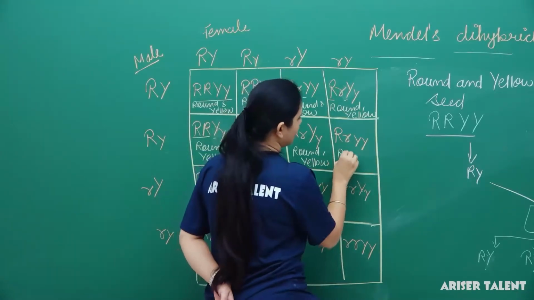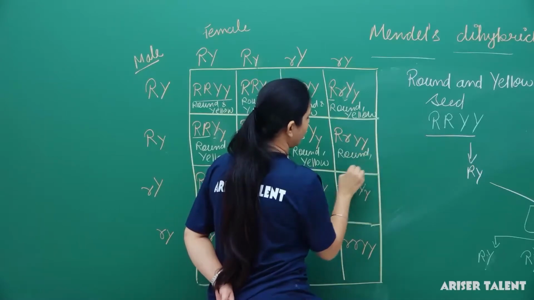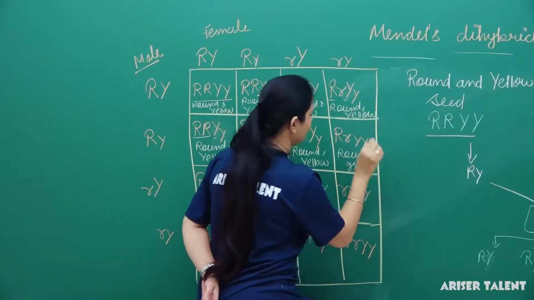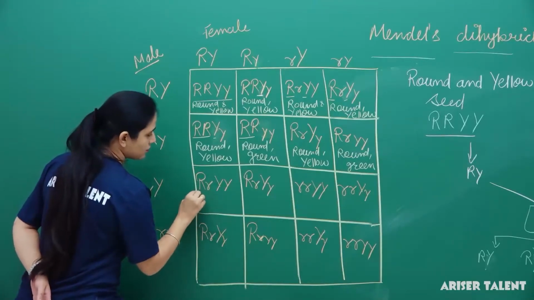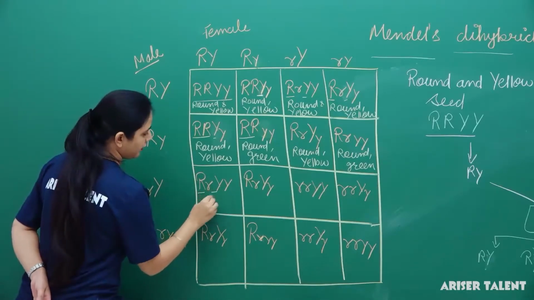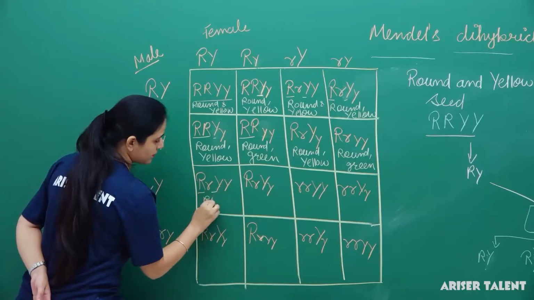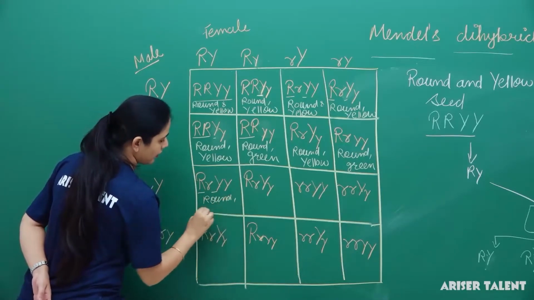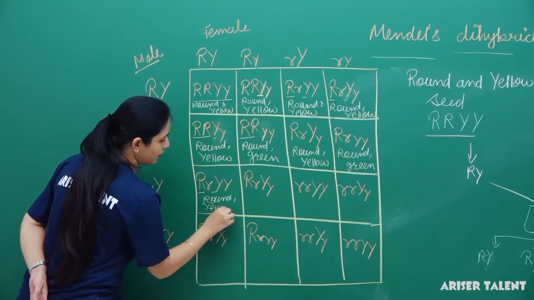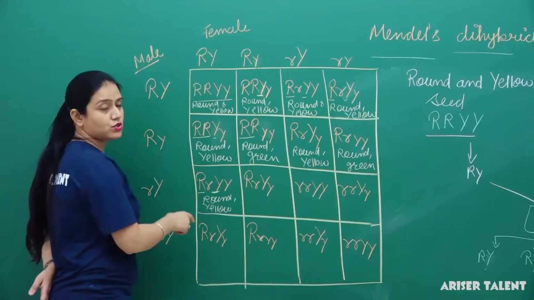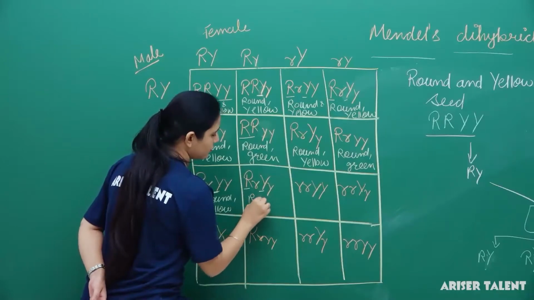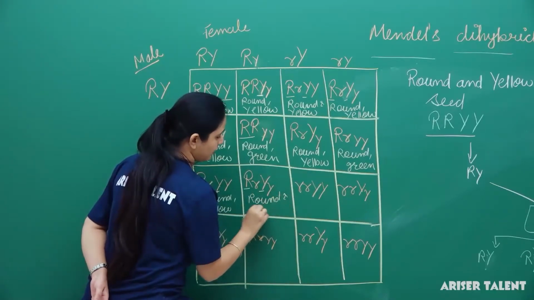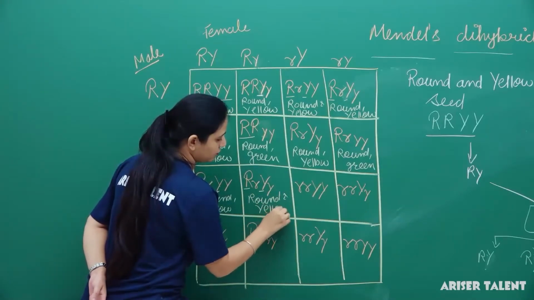Here round and green. Round and yellow, Y is capital, round and yellow. Here we can see it is dominant, so it will be round and yellow. Again round and yellow.